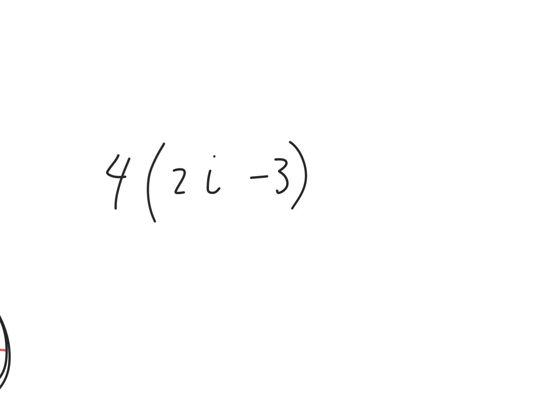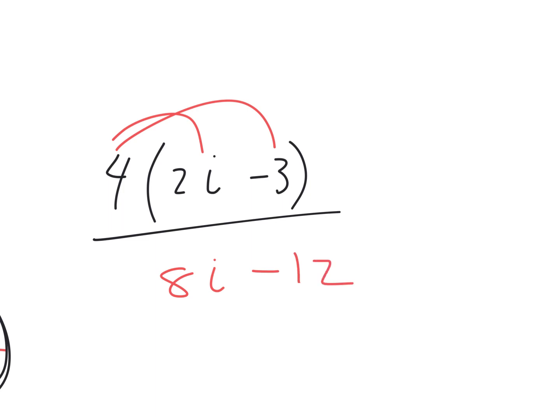It could multiply it out for you. That'd be really smart. The i button is right above the decimal point. So you literally type exactly what you see on the screen on your calculator, and it would tell you 8i minus 12.